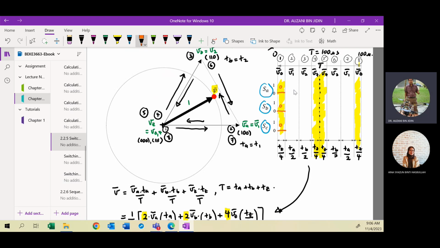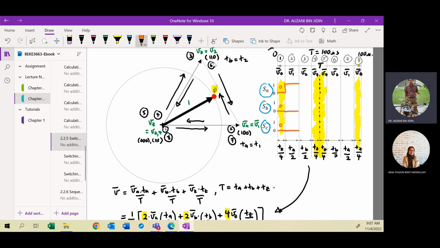Then when it moves to interval number 2, the modulator switches to vector V1, right? V1, so where the state is what? 1, 0, 0. Then your SA suddenly changes from 0 to 1 for this interval. How about SB? Still 0, maintained at 0. SC? 0. Okay.